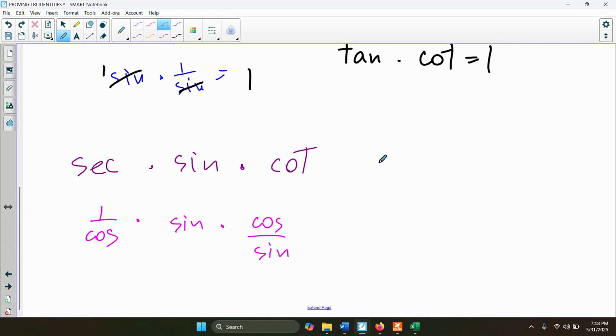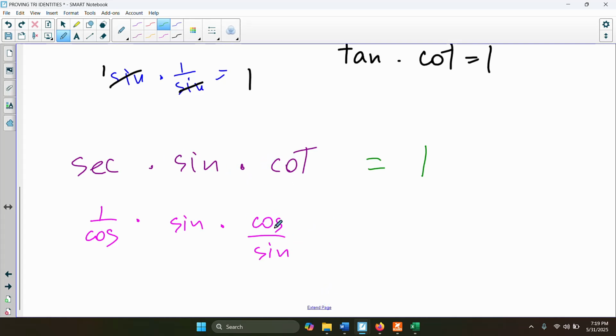But theoretically, this could have been an identity: prove that this is correct. Notice I'm picking on the difficult side. I'm not starting on the simple side, 1, because how do I express 1 different ways? There's infinitely many ways I could express 1. Sine divided by sine, yeah, but I don't know if that's going to help me solve this. So you start working on the side that has more stuff to do with.